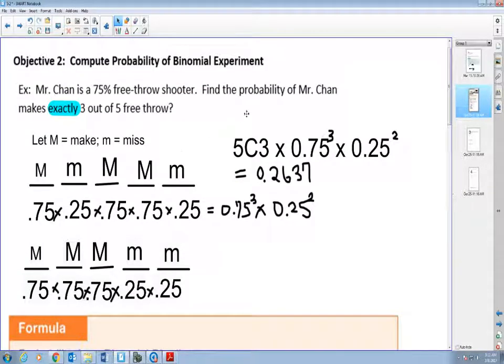This is a binomial problem because I will either make a shot or I will miss a shot. So binomial always has that sense of success and failure. I want to make exactly 3, so the number of successes I want is 3. Therefore the number of failures is 2, because I only get to shoot 5 times.